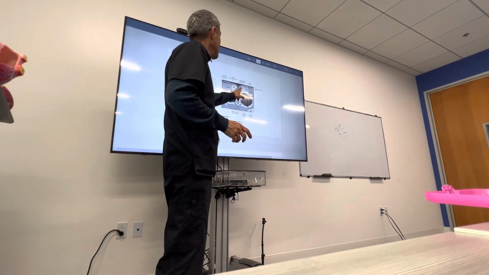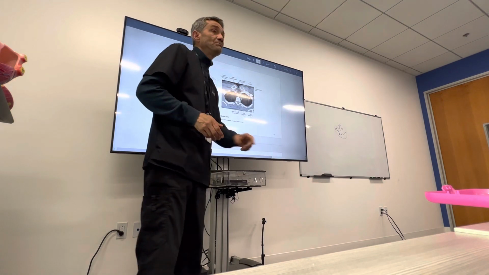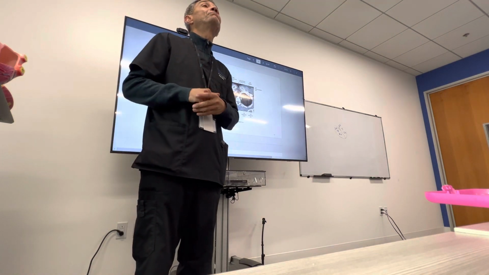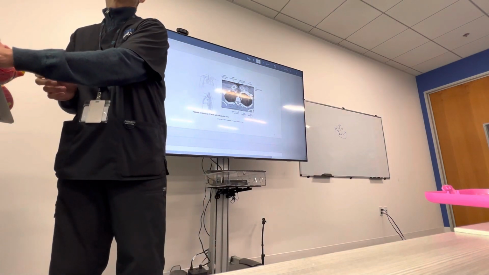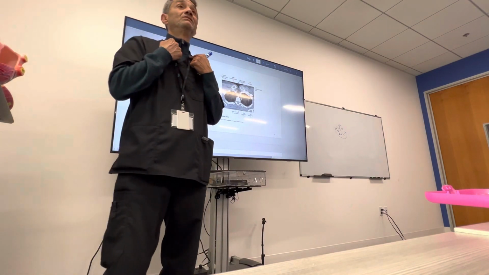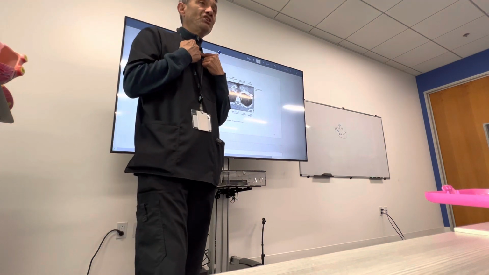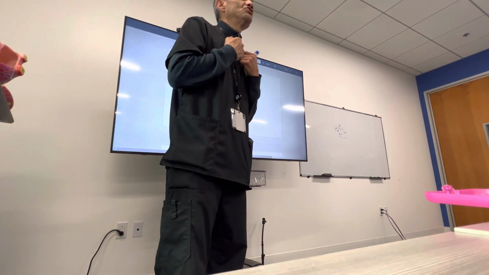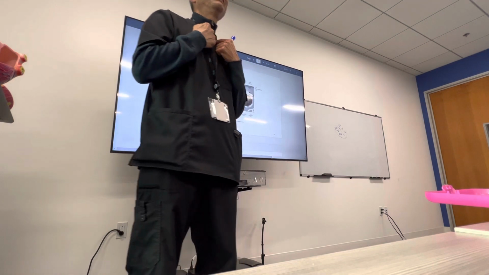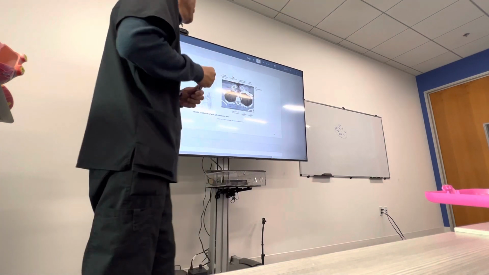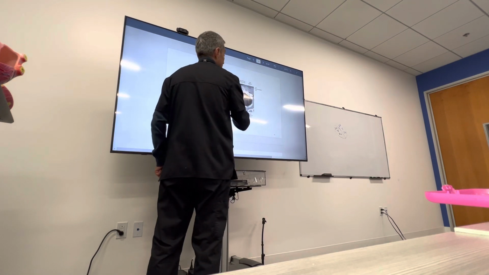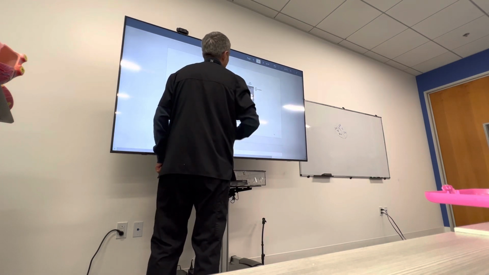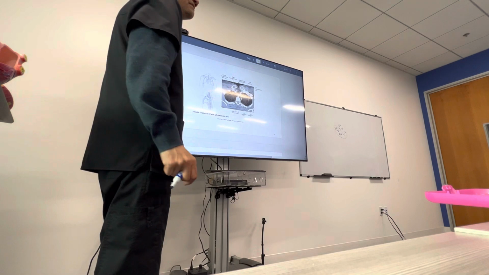Once you are able to see the sternoclavicular joint, that means you're supposed to see the brachiocephalic vessels. Because I said earlier, brachiocephalic vessels are what? Located posterior to the sternoclavicular joint and are protected by this joint. So this is the sternoclavicular, and this is the left brachiocephalic vein.